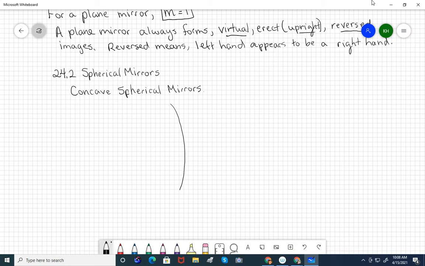I'm not going to worry about drawing it perfectly. If we draw a line right through this, that line is called the optic axis or the principal axis. Both words are used.